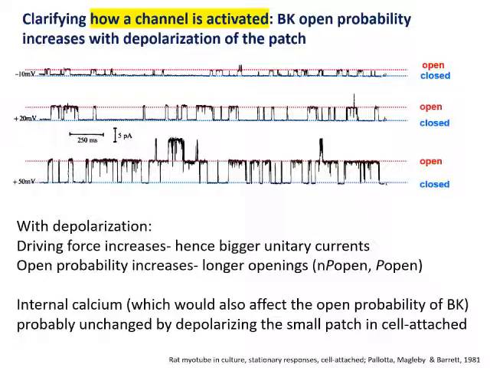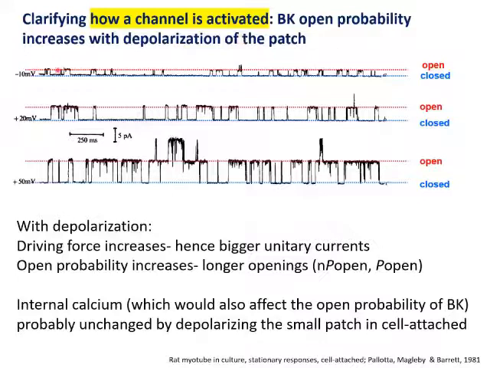Other questions that we can ask with single channels exploit another aspect of single channel recording. For instance, we can isolate the protein in the membrane patch and have much better controlled conditions for the activation of the protein. One example is shown here. It's a BK channel. So how is the BK channel, a potassium channel, activated?